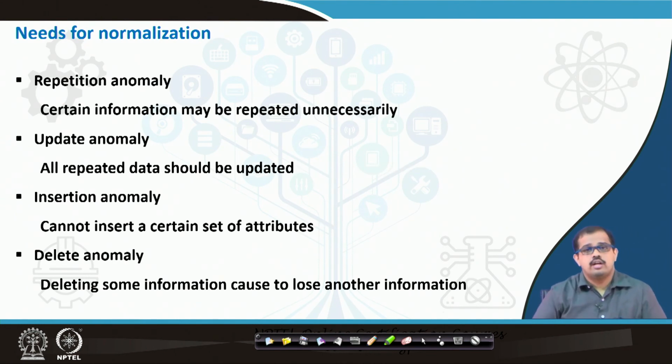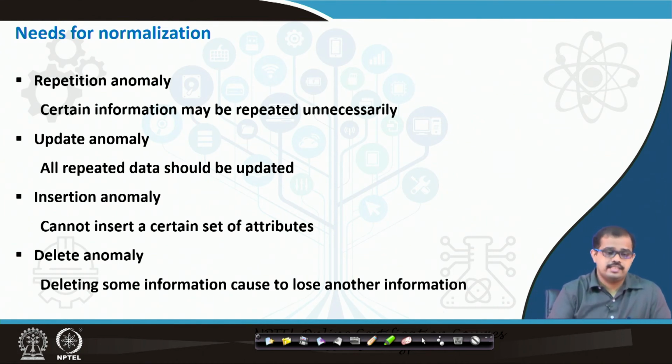So if someone asks me why you need normalization, the first thing, as I previously said, is that the repetition anomaly can be easily removed from the database. Update anomaly, where multiple tasks are involved, we can remove it.